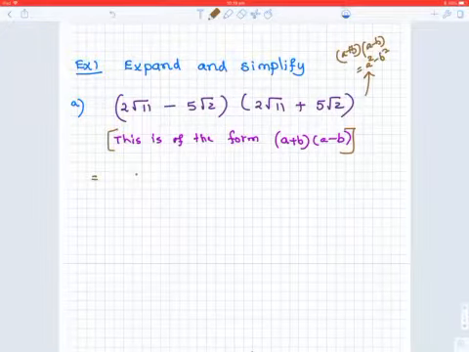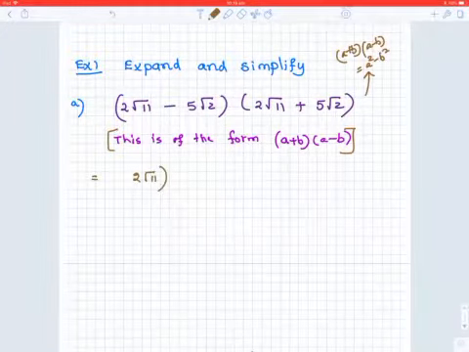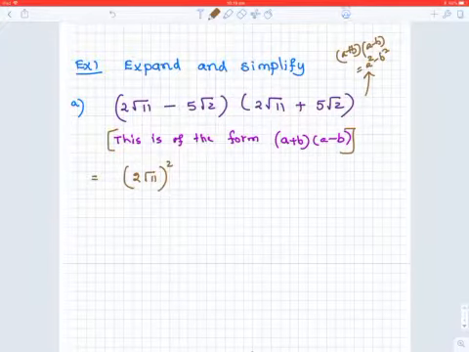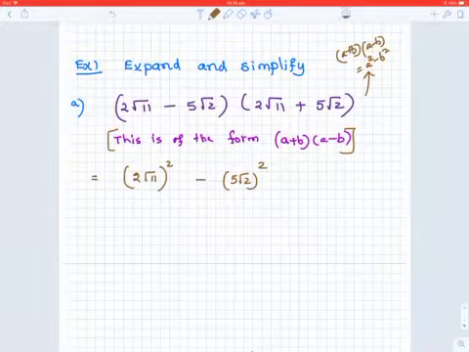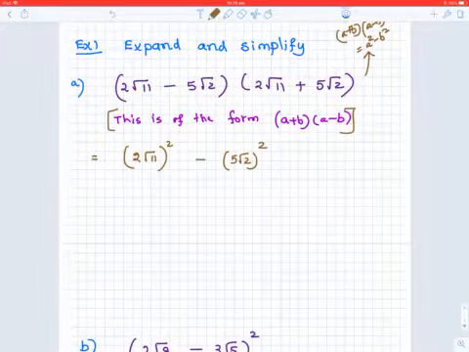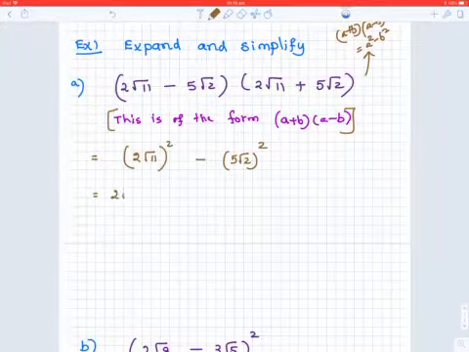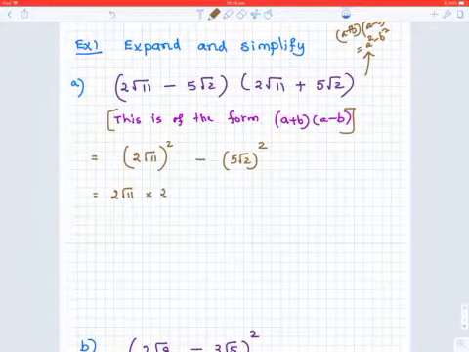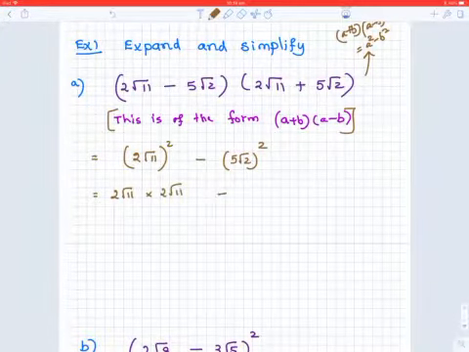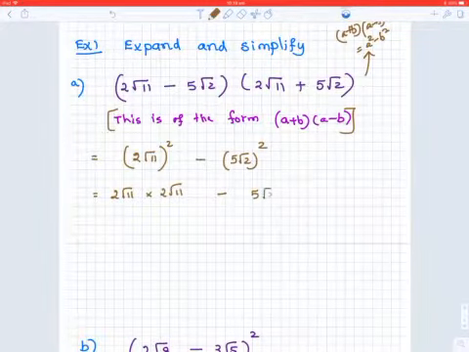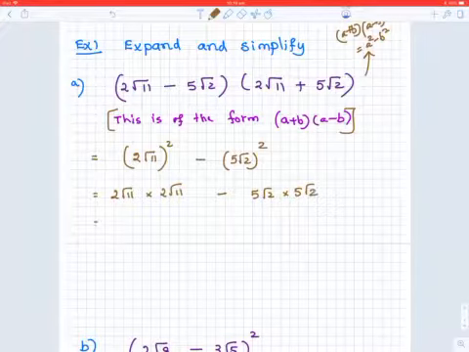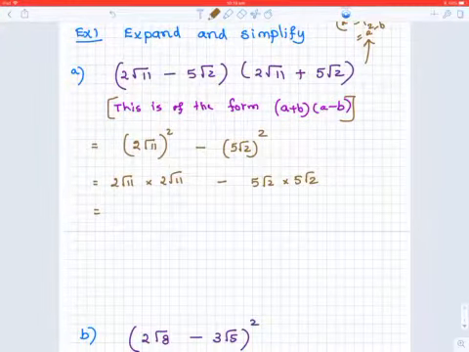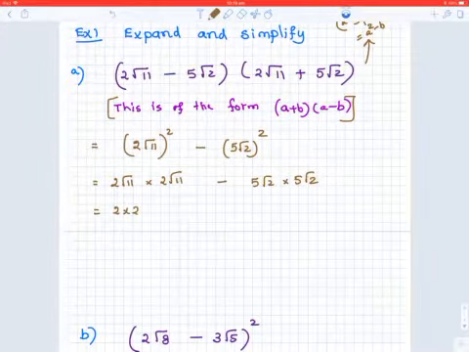So this can be written as: a is 2√11, so (2√11)², minus b², where b is 5√2, so (5√2)². Now, (2√11)² is 2√11 times 2√11, minus 5√2 times 5√2.